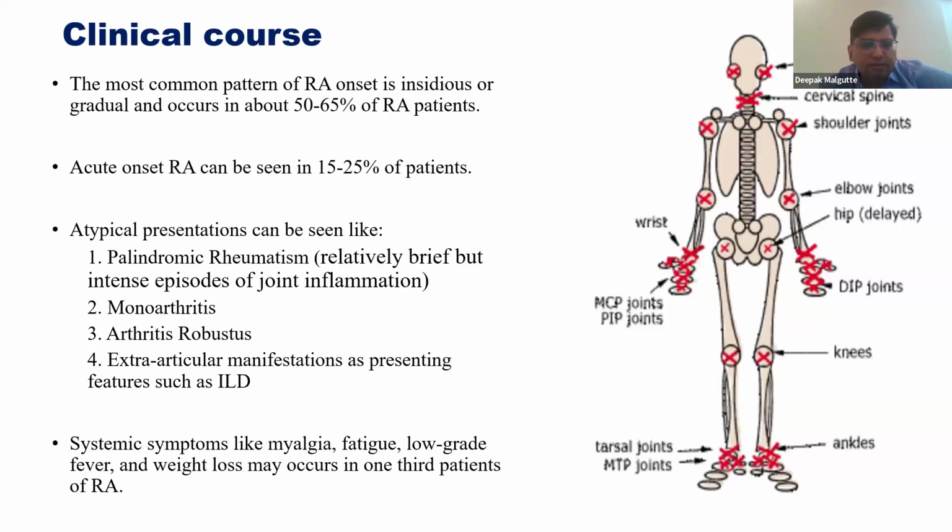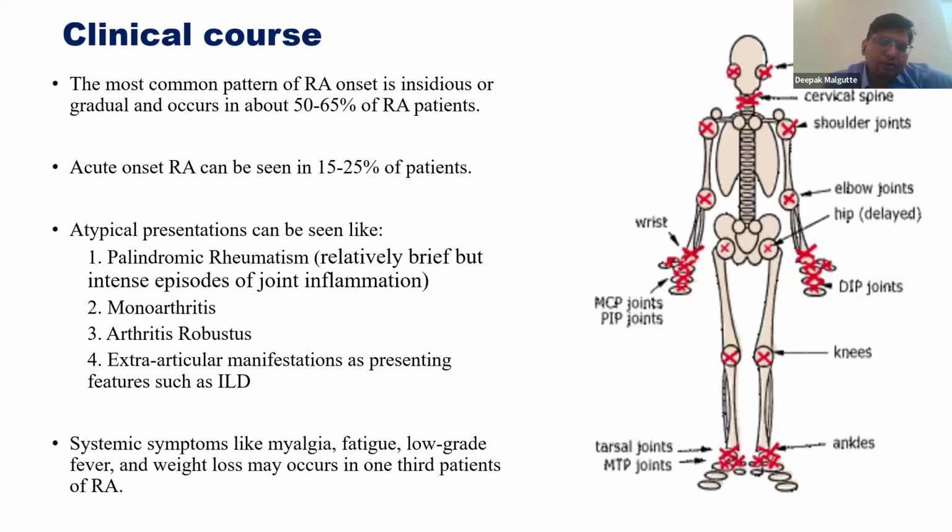Sometimes rheumatoid, though we call it a polyarthritis, can have a mono or oligoarthritis presentation in the beginning phase. Sometimes it can be an arthritis robustus, where when you examine, you see a lot of joint swelling and joint tenderness, but the patient doesn't feel pain, and it is usually seen in heavy workers.